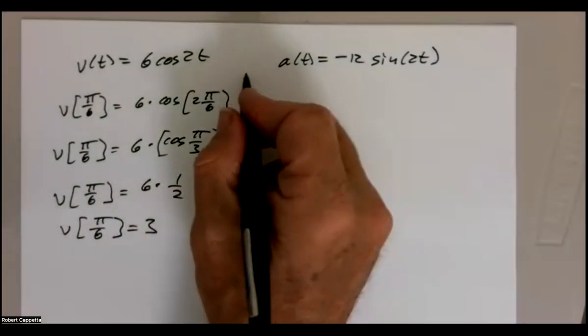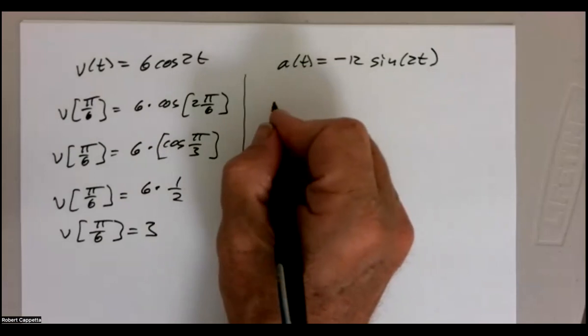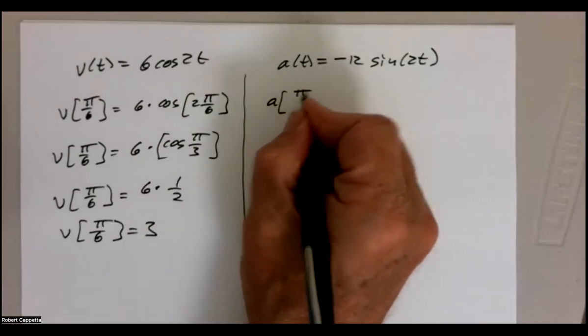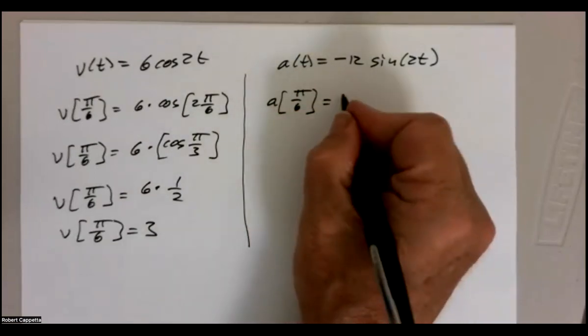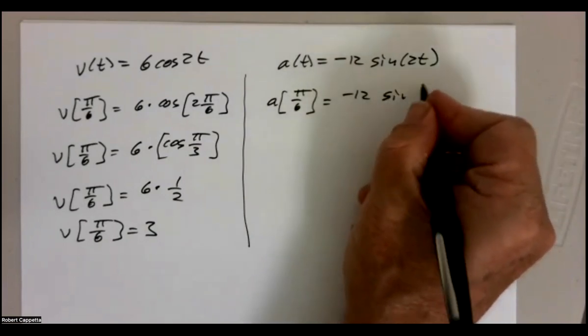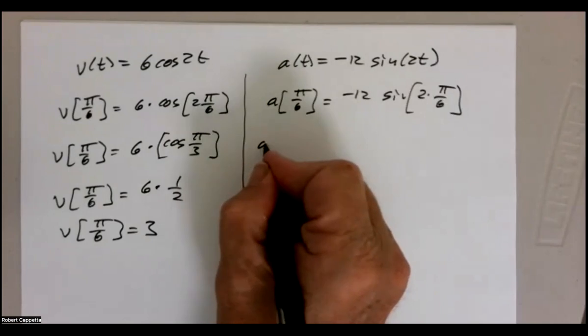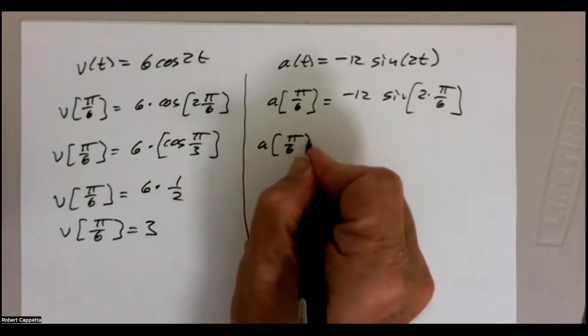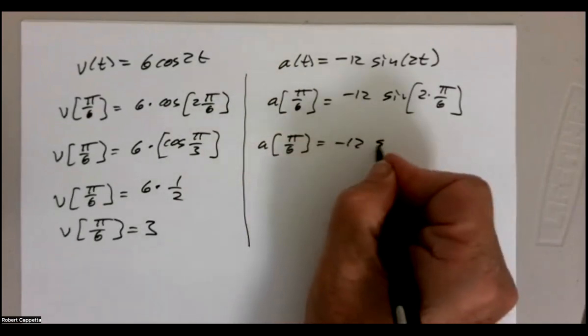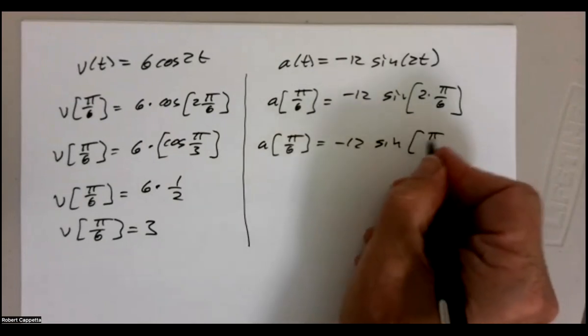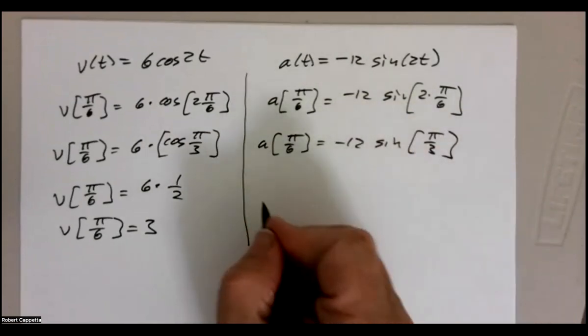For acceleration, plugging in pi over 6, the acceleration is -12 times the sine of 2 times pi over 6. So that's -12 times the sine of pi over 3, which is √3 over 2.